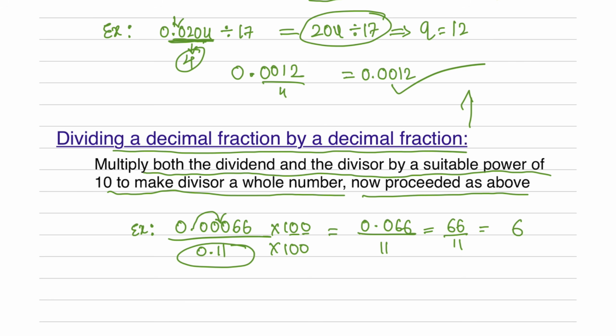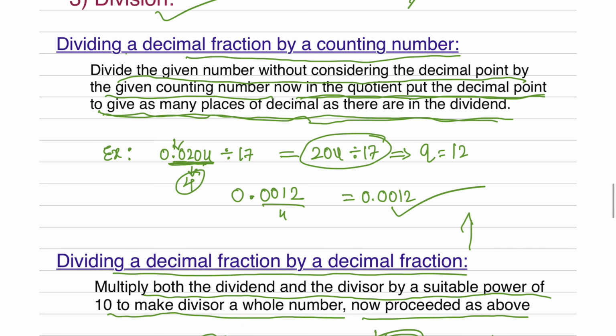The answer is 6. Now see, after how many digits is the decimal place? After 3 digits. So keep 0.00, means after 3 digits the decimal point should be there. So the answer is 0.006.